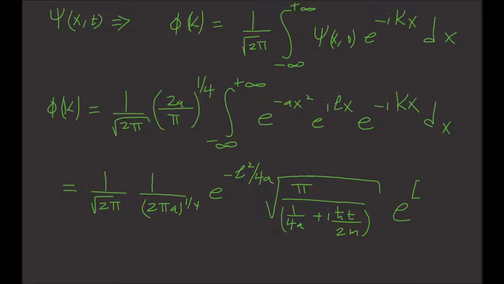Let's put the power here. So this bracket is i times x plus L divided by 2a, and that is squared, divided by 4 times 1 over 4a plus i h bar times t divided by m.